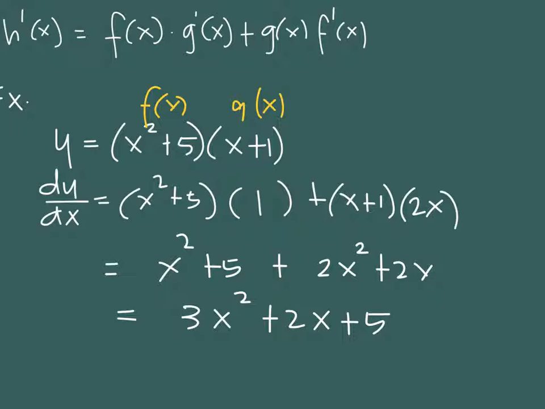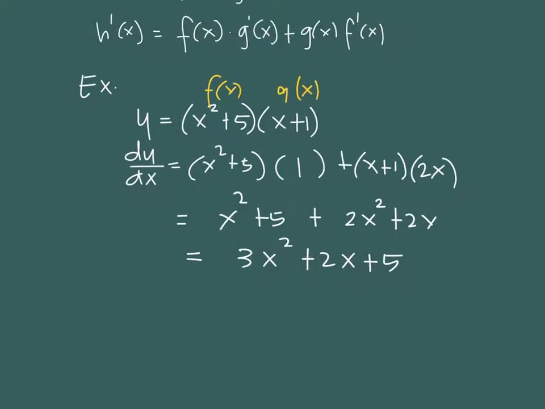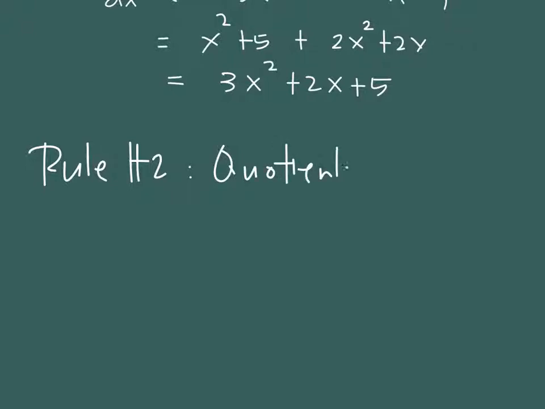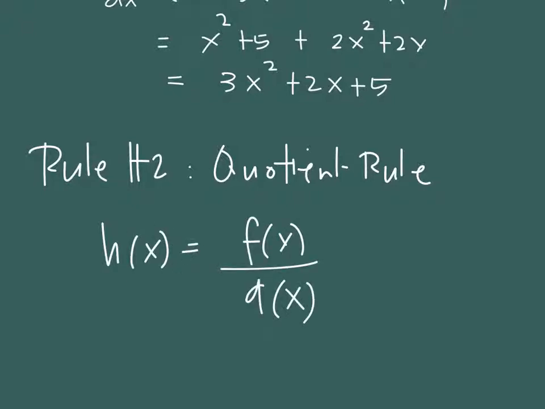Okay? And immediately after the product rule, the second rule is the quotient rule. So we have a new h of x equals f of x over g of x.